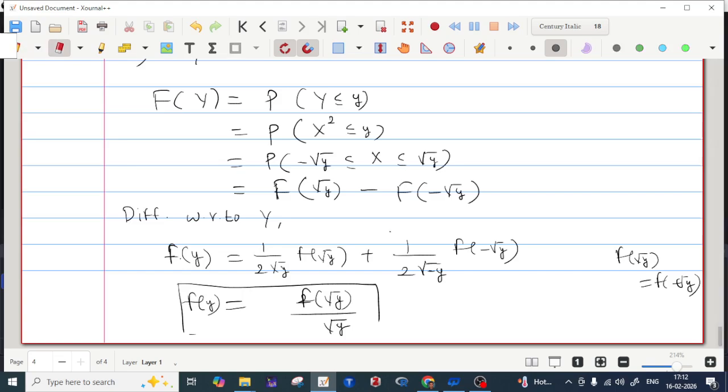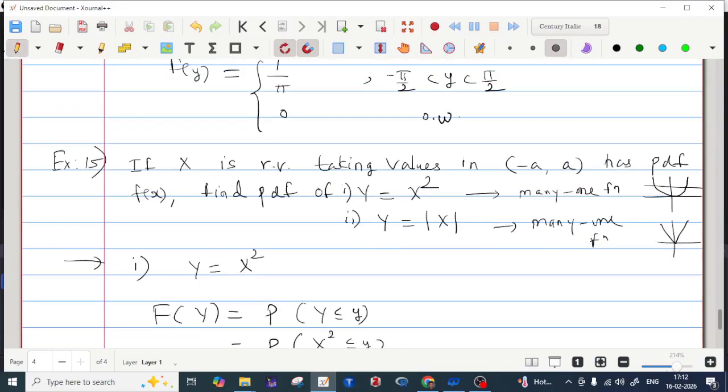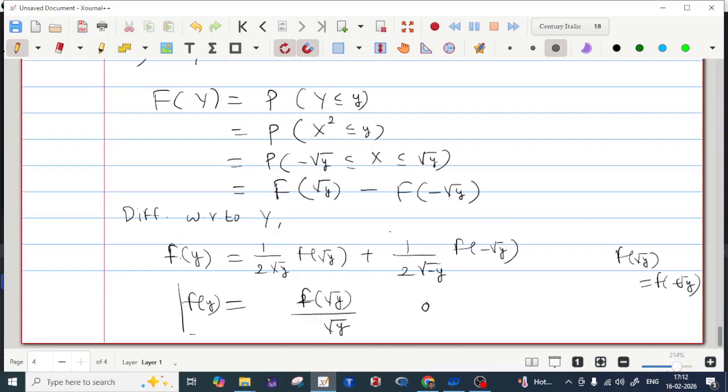And what is the range of y here? As x is from minus a to a, taking its square, 0 less than y less than a square.